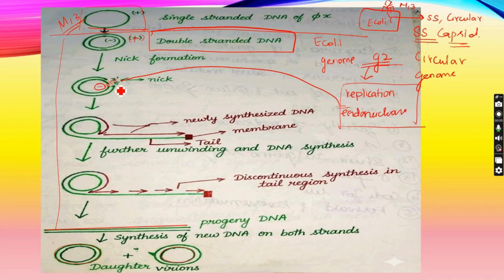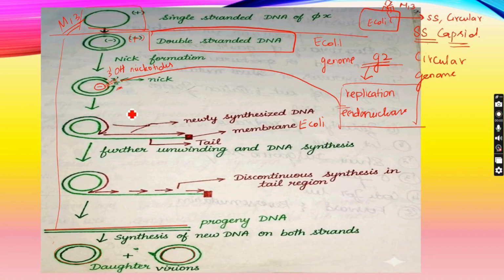After that, this 5' region is going to be attached to the plasma membrane of the E. coli, and the 3' end is going to be free. The 3' end is going to consist of a 3'OH. Therefore, the 3'OH is a free end where nucleotides can be added.